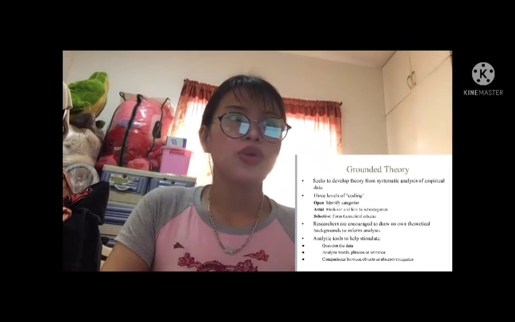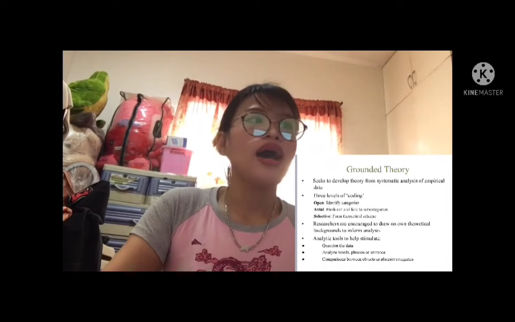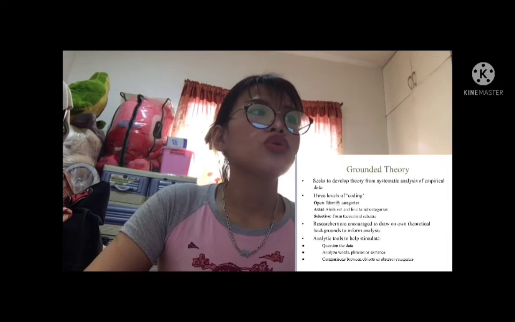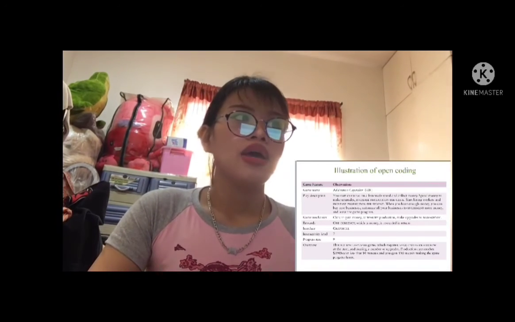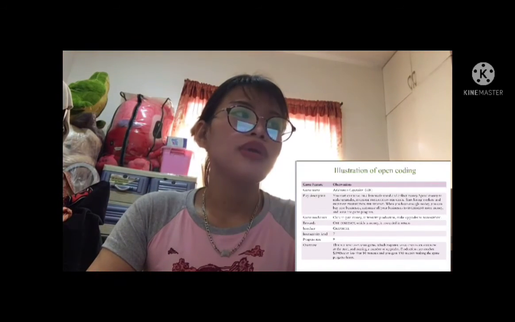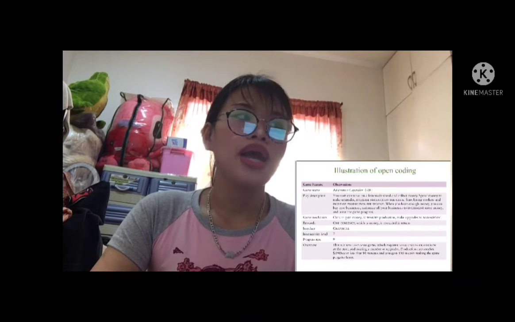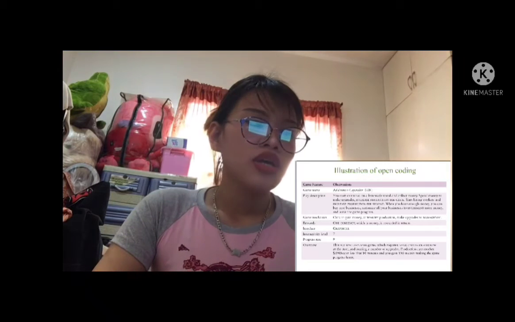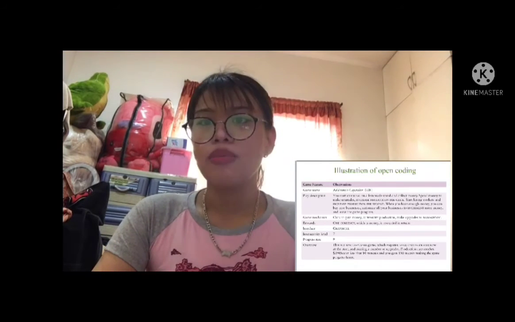Yung illustration of data of open coding. So, ayun, nakikita dito yung illustration ng open coding. So, makikita dito yung category is yung game. Meron siyang game feature, observation, game name, yung description, yung game mechanics, reward interface, interactivity level, progress rate, and saka overview.